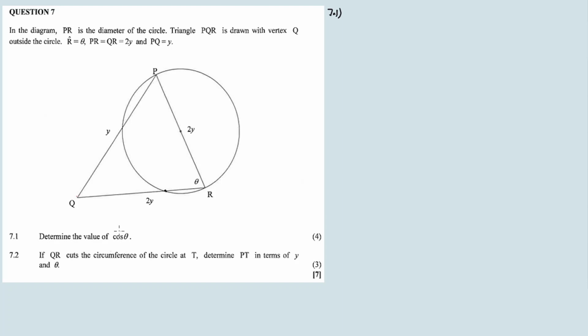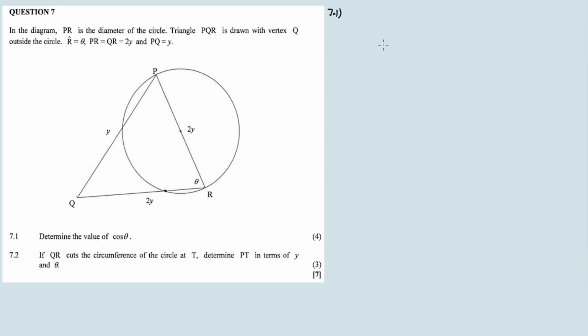7.1: determine the value of cos theta. Bear in mind, cos theta is a trigonometric ratio, right? But trigonometric ratios only apply on a right angle triangle. So the only way to produce cos theta from this triangle, because theta is inside the triangle, is if and only if we apply triangular formulas: in our case, the cosine rule, sine rule as well as the area rule.